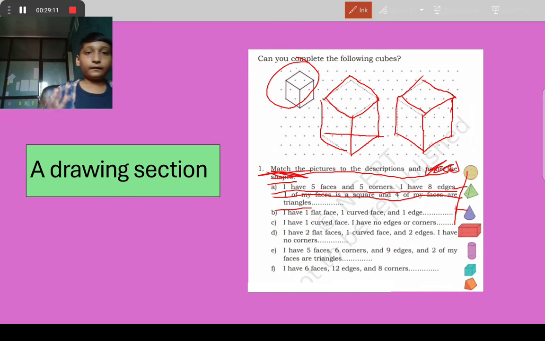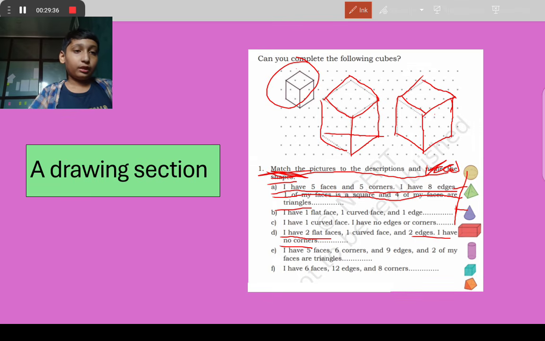Now we have almost reached the 30-minute mark, so we have to complete this fast. I have two flat faces, one curved edge, and 2 edges.